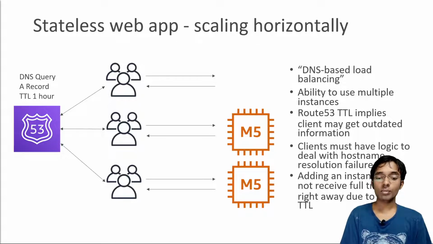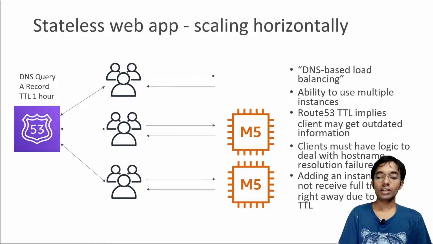Finally, the clients may have some logic to deal with host name resolution failures. For example, if one host name does not work, it may be interesting for us to do something, such as redo a DNS query, force it, and resolve the DNS result to try another URL.